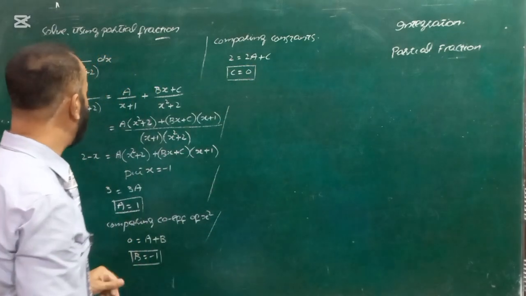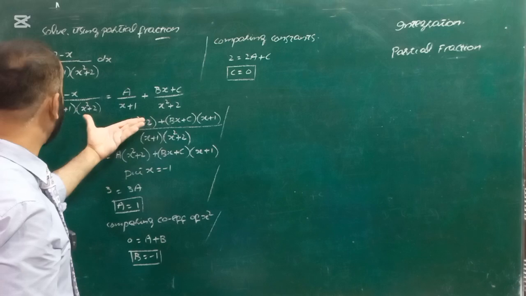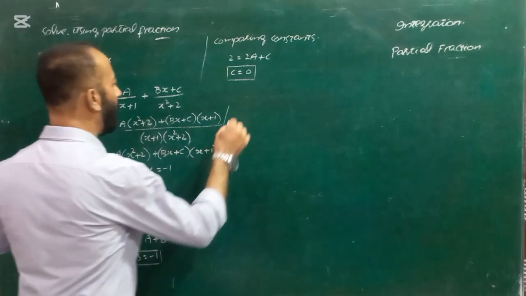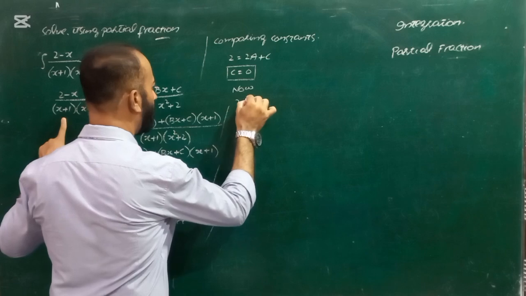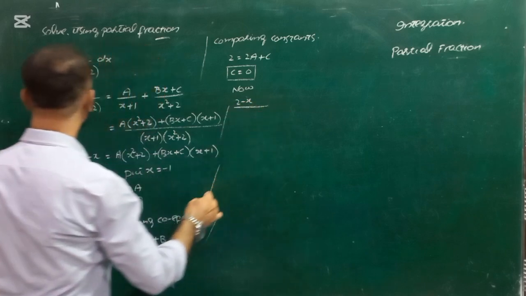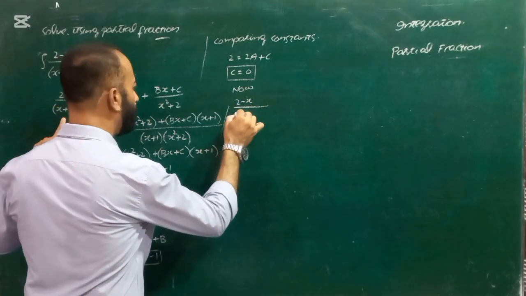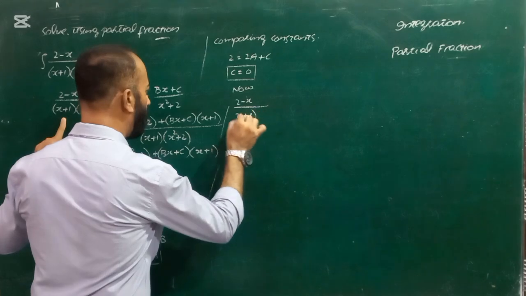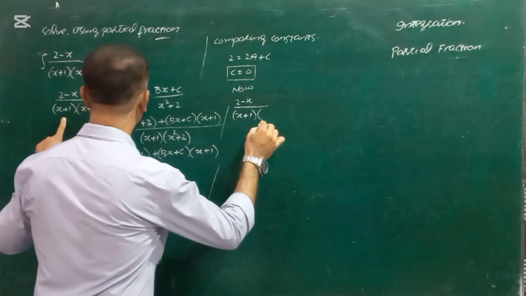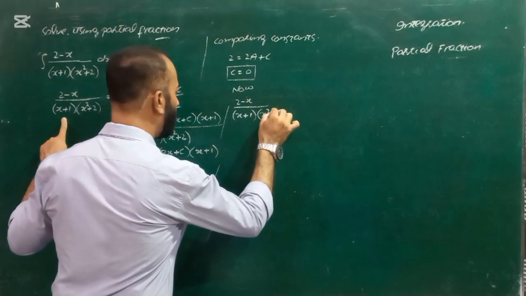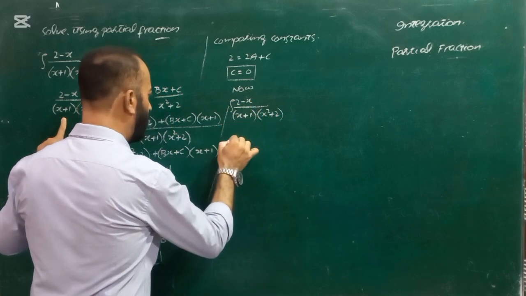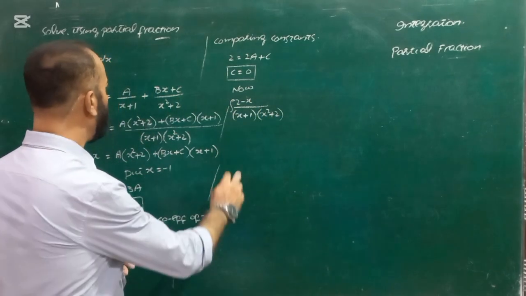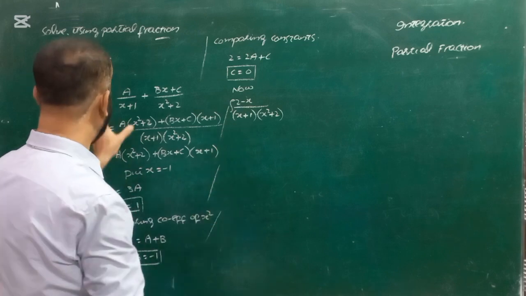So now we can put these values of a, b, c into this step. So 2 minus x over x plus 1 into x square plus 2 is equal to, okay, now putting the values of a, b, c into this one.